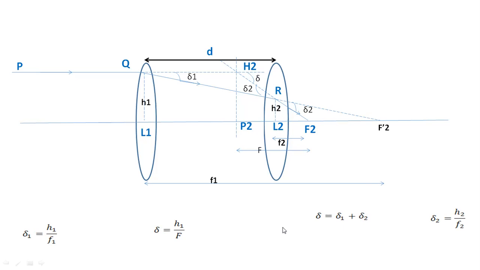Now, let us derive the expression here. We know the value of delta. Delta is equal to H1 by F. Delta 1 is H1 by F1, and delta 2 is equal to H2 by F2. Therefore, the expression becomes H1 by F, capital F, is equal to H1 by F1 plus H2 by F2.